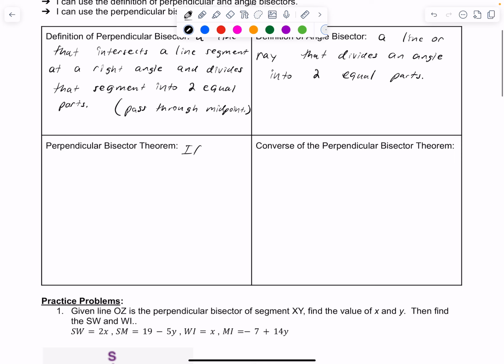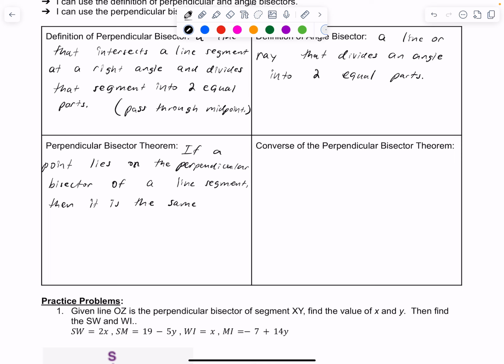So if a point lies on the perpendicular bisector of a line segment, then it is the same distance from both endpoints of that line segment.